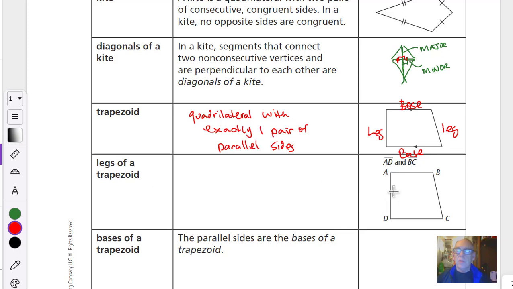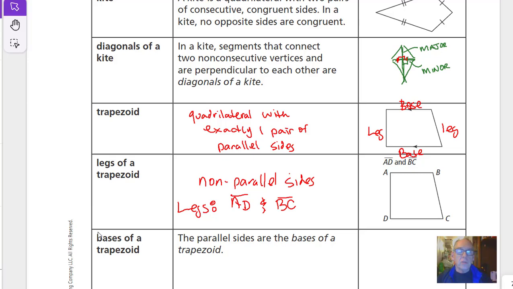So the legs of a trapezoid are the non-parallel sides. So in this diagram, AD would be a leg, and BC would be a leg. So those would be the legs in that trapezoid.